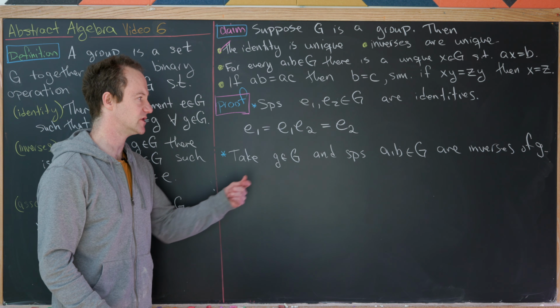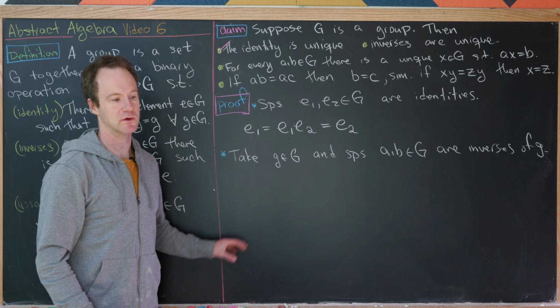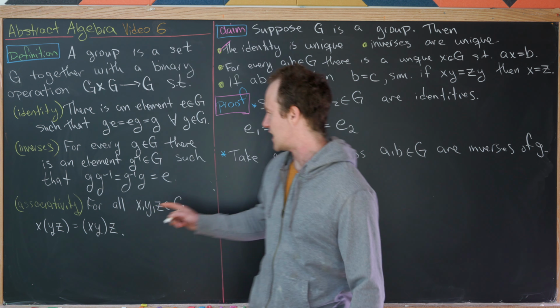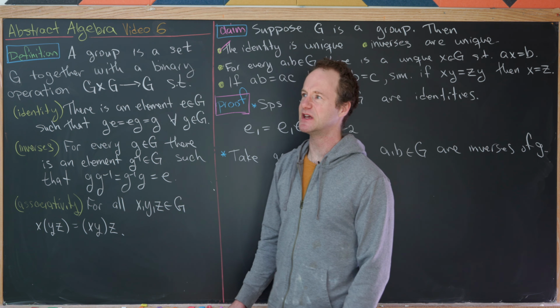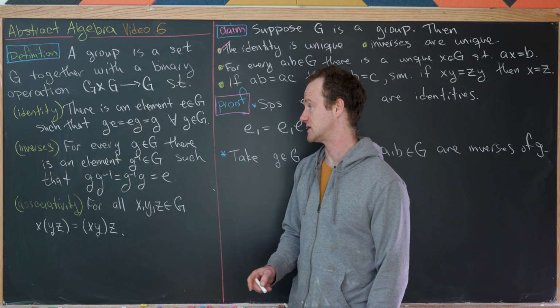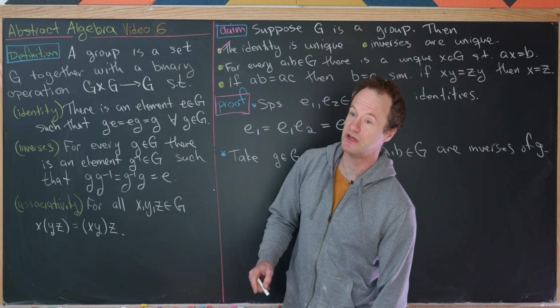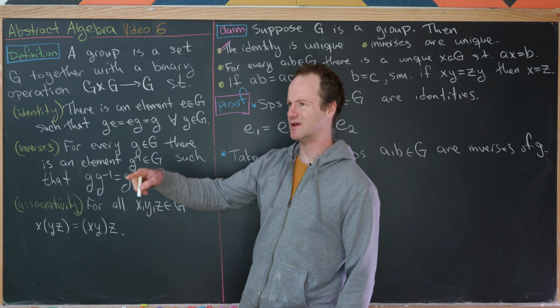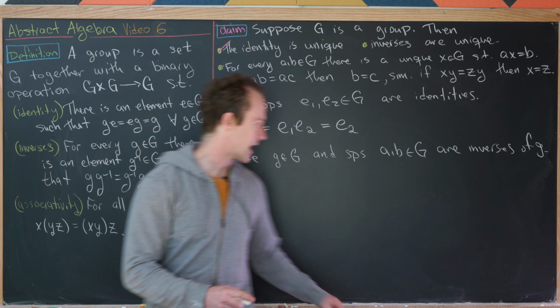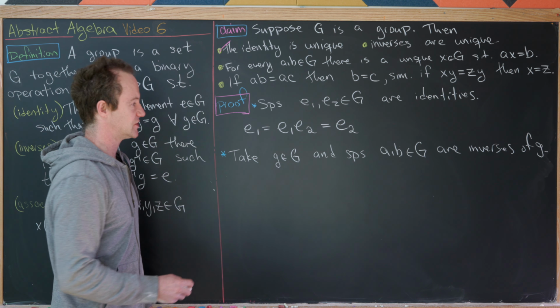What we'd like to do is show that a is equal to b, which really motivates the ability to use this notation g inverse here. This notation doesn't make a ton of sense if inverses are not unique, because it would give you more than one element.